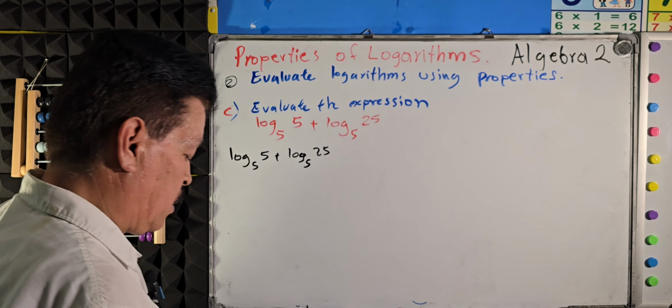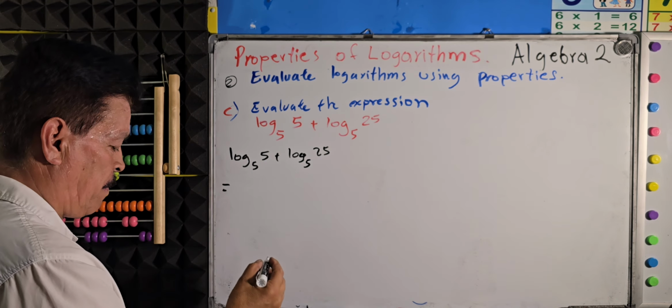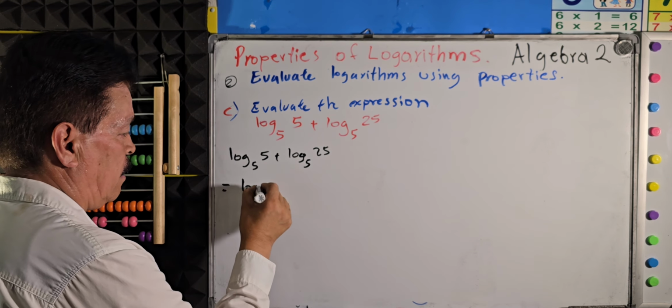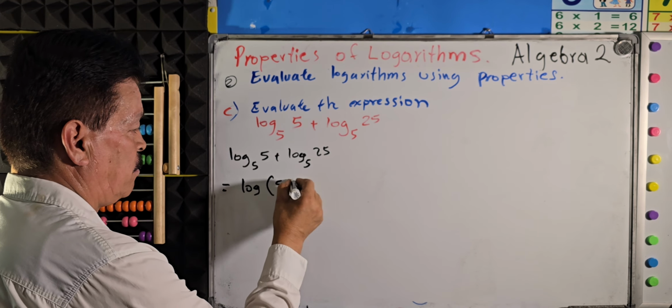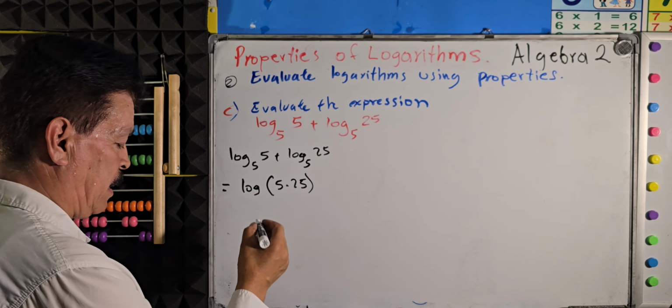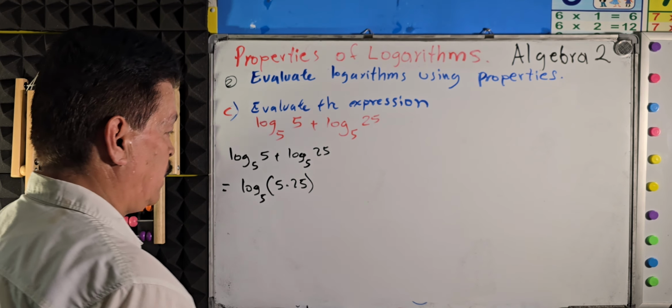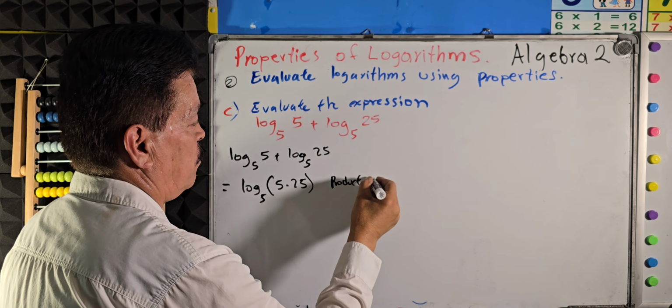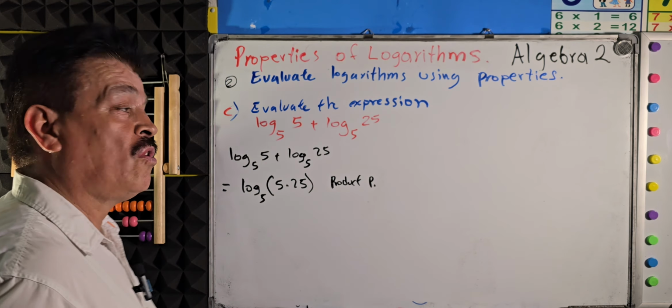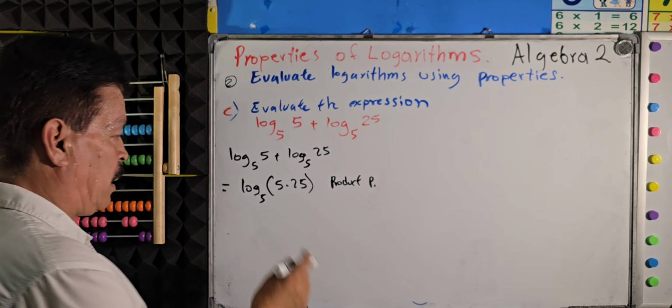Okay, so now this is equal to the logarithm of what? We have 5 times 25 right here with the base 5. This is the product property, right? So now simplify.